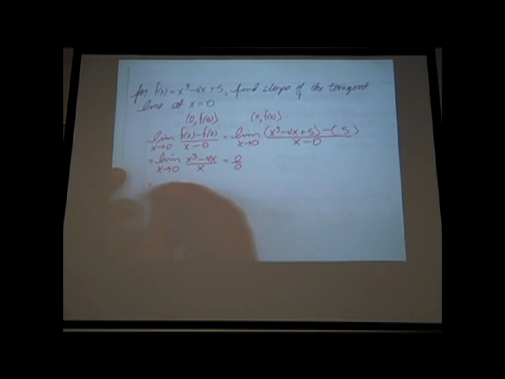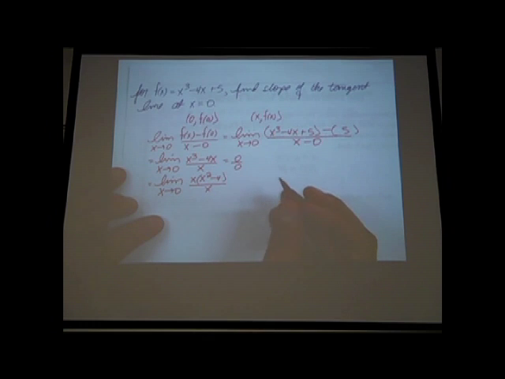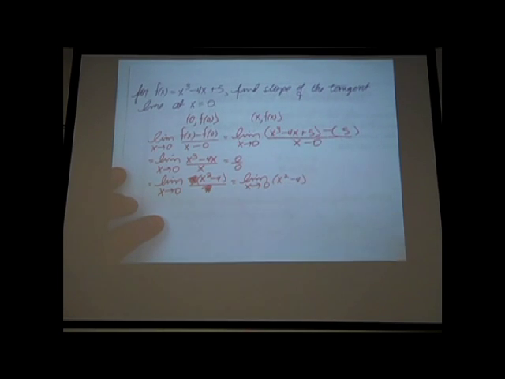Let's try some algebra. Take the limit as x approaches 0. In the numerator, factor out the x, so we get x times x squared minus 4. In the denominator, we have x. The x that we factored out and the x in the denominator will cancel, leaving me the limit as x approaches 0 of x squared minus 4.